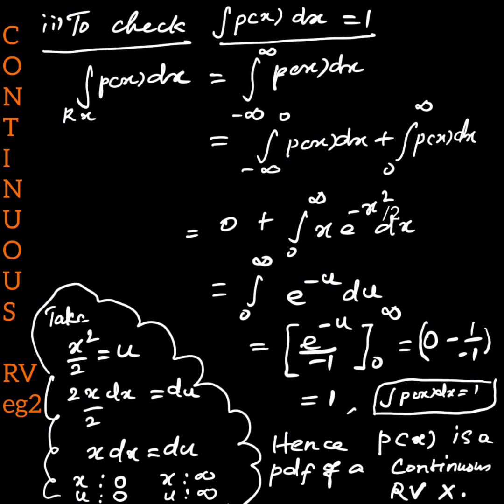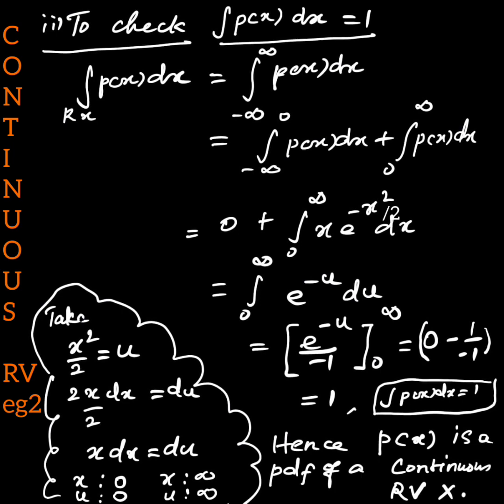If we change the variable in the integral, we should change the limits also. If the values of x are 0 to infinity, then variable u also takes the same limits because of the definition u equal to x square by 2. So x equals 0 means u equals 0, x equals infinity means u is infinity.